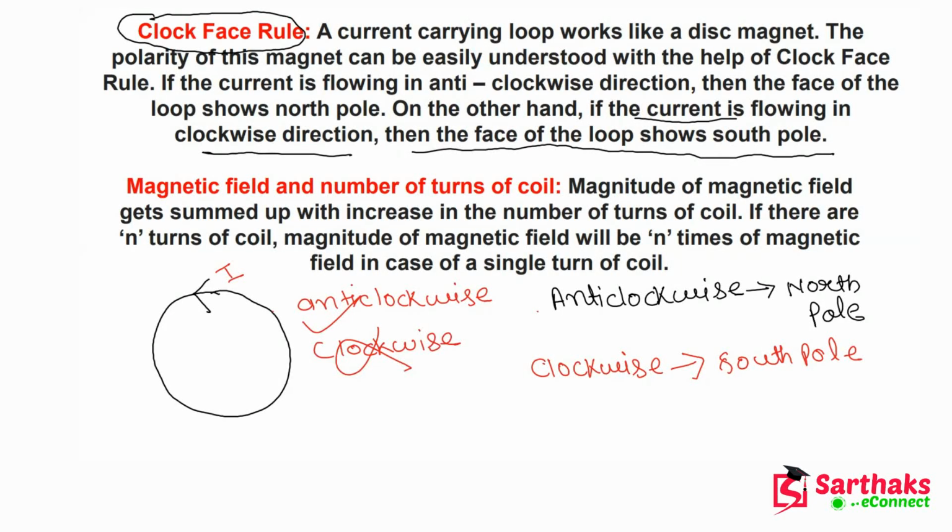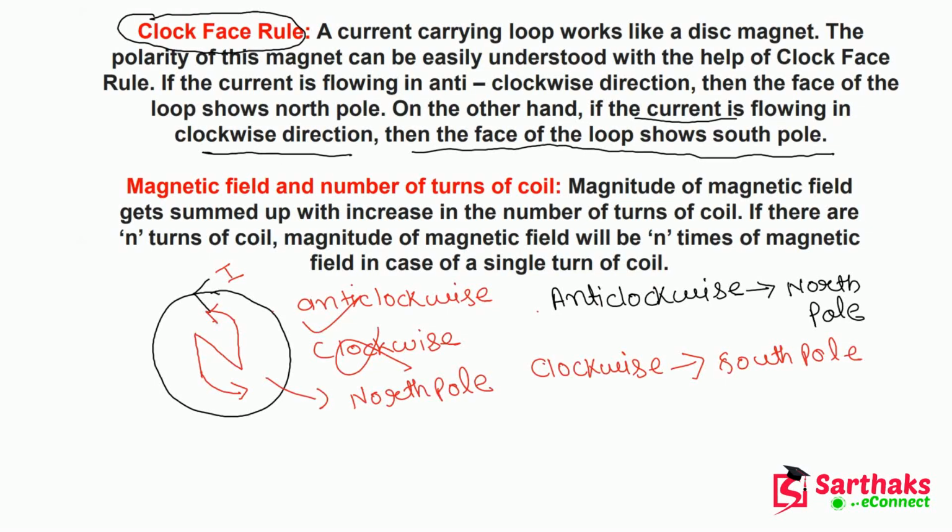Why? Because let's suppose we make an N, and this is the direction of the current, this is also the direction of the current. So it appears like N, so this is the anti-clockwise direction. And if the direction is anti-clockwise, it will be a north pole, because we know this by the clock face rule.